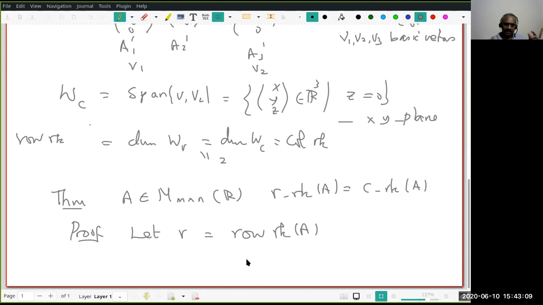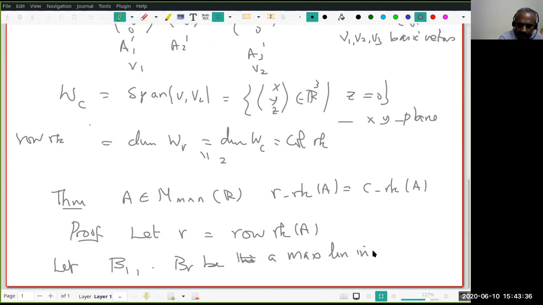So instead of writing AI1, AI2, ..., AIR, because I have to write these row vectors in terms of the entries, the notation becomes more cumbersome. So what we do, we'll call them B1, B2, ..., BR. So let B1, ..., BR be a maximal linearly independent subset of the row vectors.